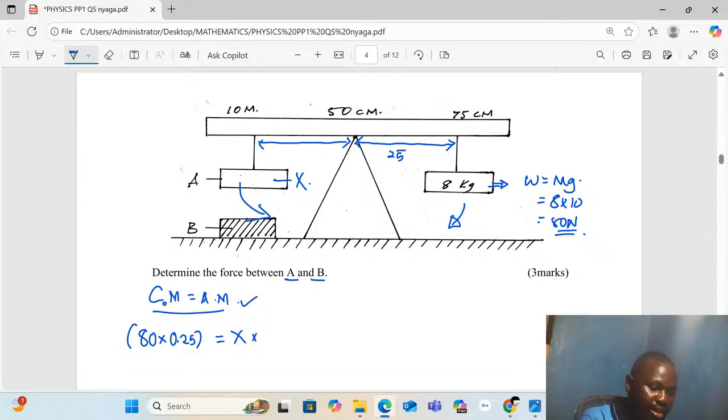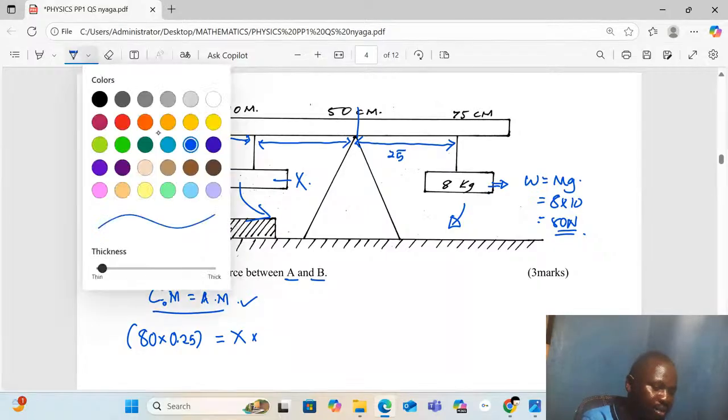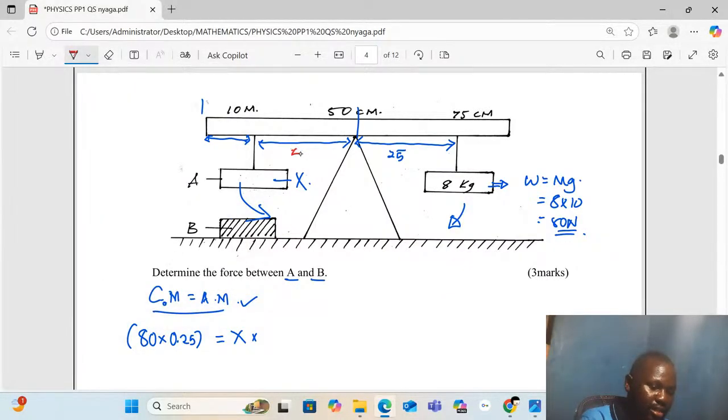If this part is at 10, and the total distance from here to here is 50 centimeters, then this distance here is 40 centimeters. Therefore, this will be X times 0.4.